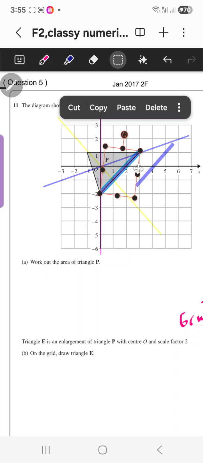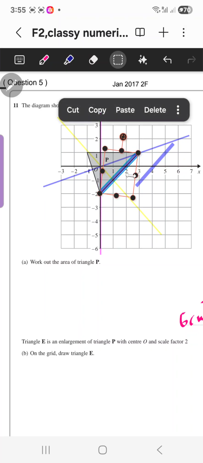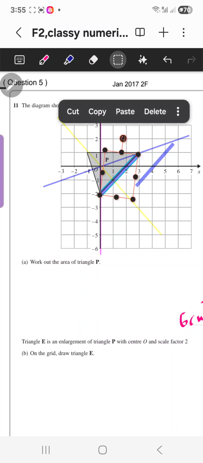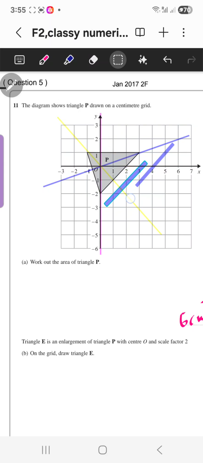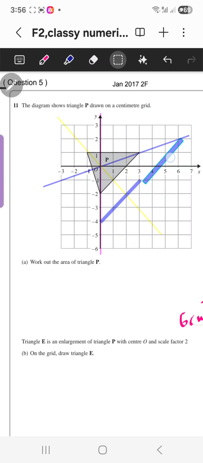It must be exactly the same side. So here we just double like this. And for the other sides we are going to do the same.